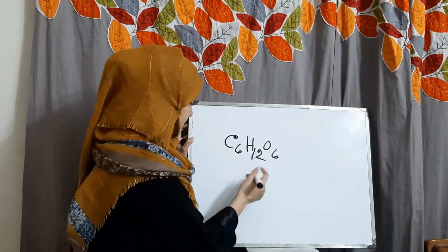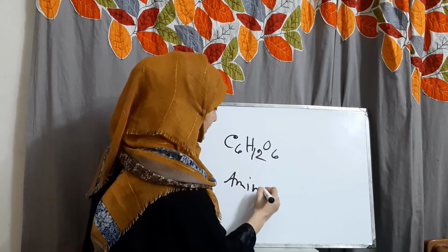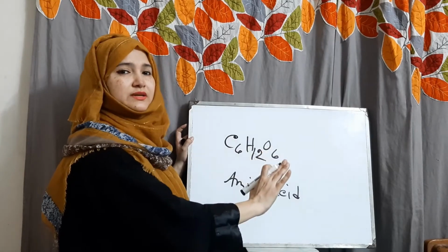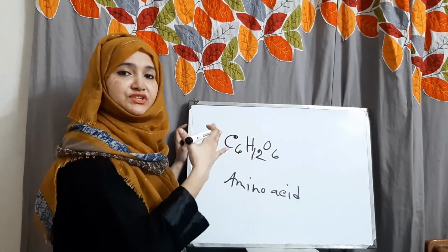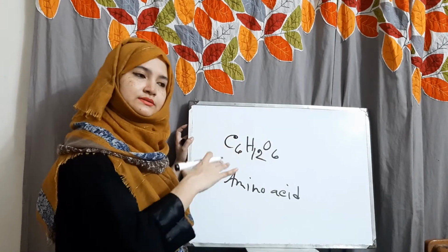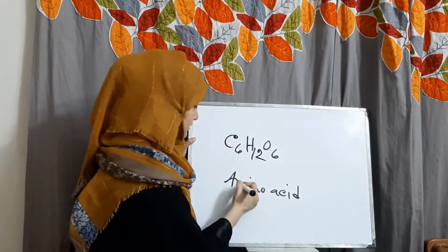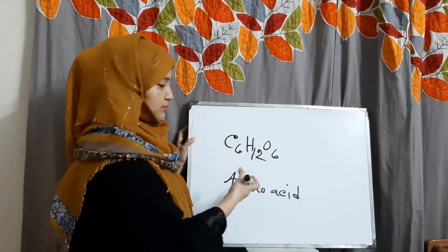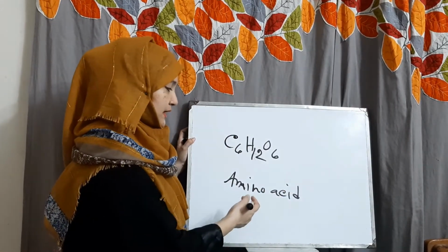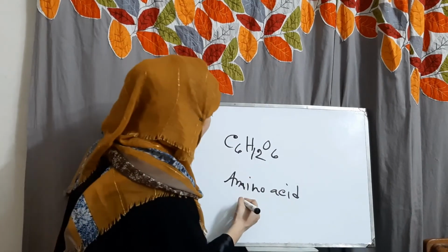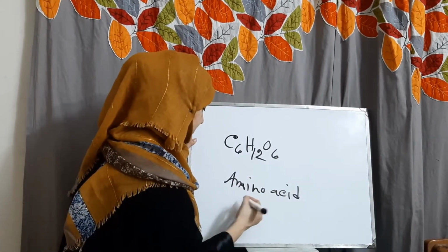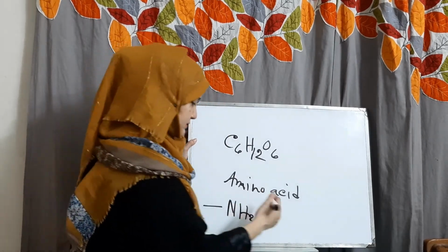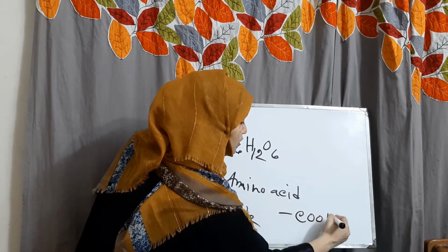And another is amino acid. There are several types of amino acids and they have different, somewhat complicated structures. That's why this is not included in your syllabus. You will learn about that at HSC level. I just say an amino acid contains at a time an NH2 amino group and a COOH group.